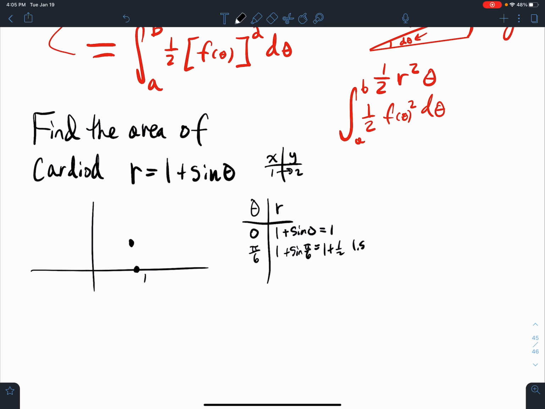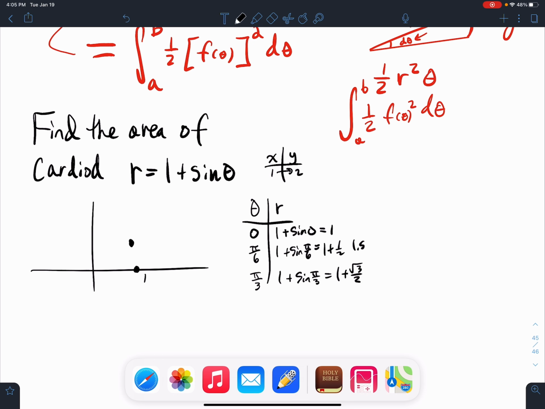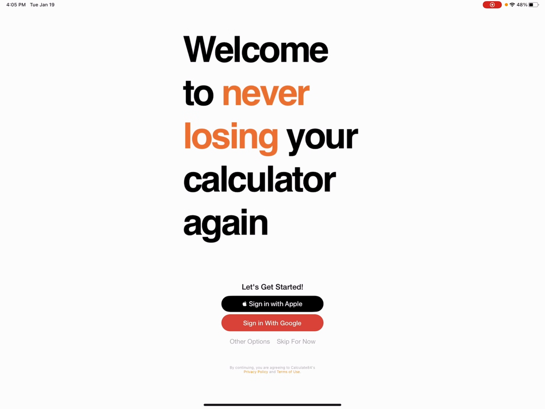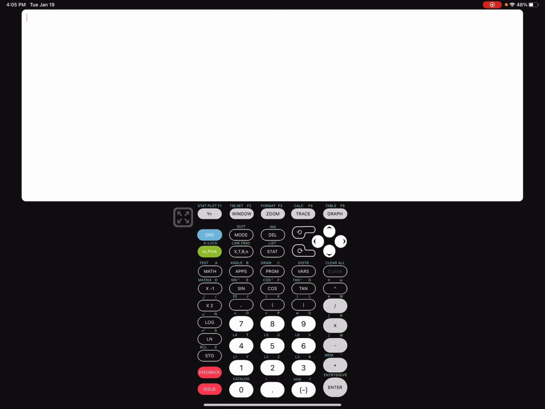And then maybe if I do like pi over 3, that's 1 plus sine pi over 3, which is 1 plus square root of 3 over 2. Let's see what that gets me.